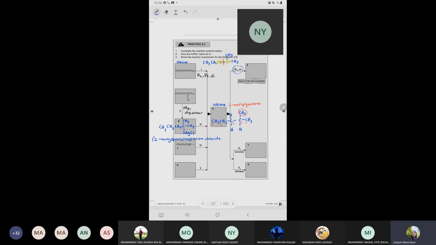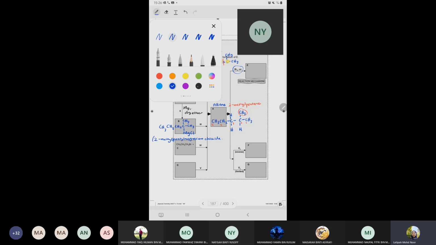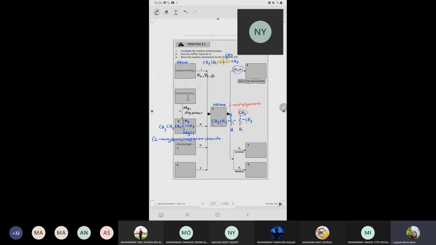So 2-methylpentyl magnesium chloride. Okay. So tu namanya lah kalau kita sajalah nak namakan hari ni. Okay. What is 3? The Grignard reagent, okay, must undergo hydrolysis, H2O H+, to form the alkane.